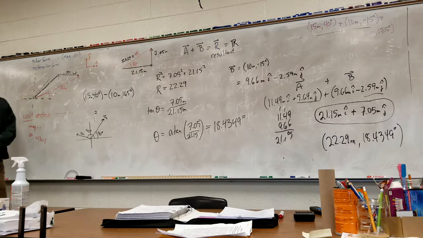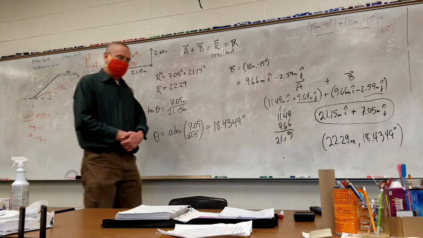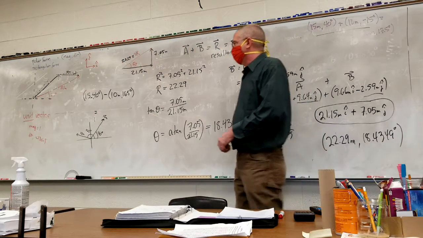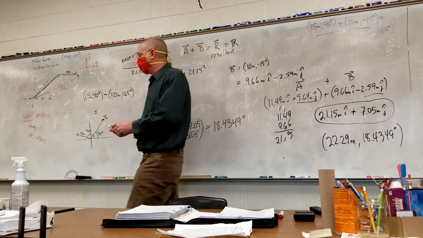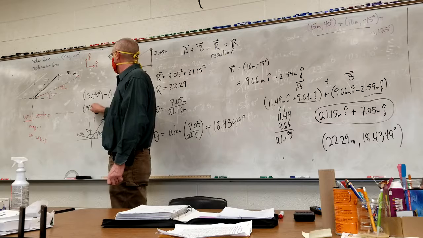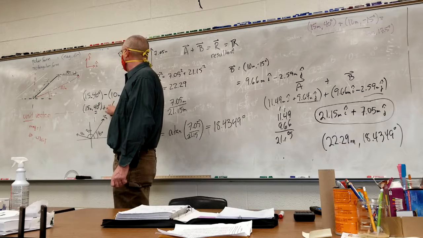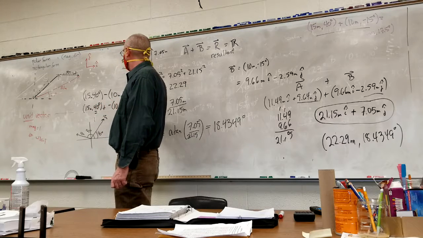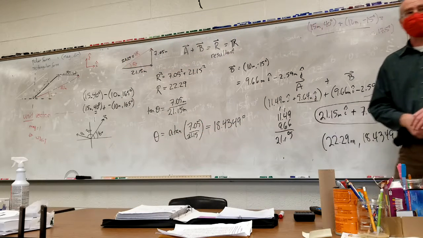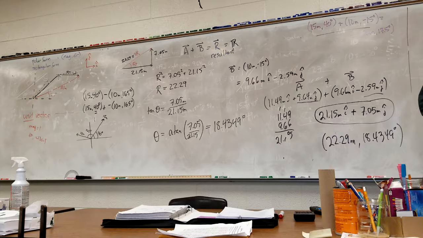What does a negative vector mean? I keep saying negative vector and it looks like subtraction. Let me just rewrite this: 15 meters, 40 degrees, plus negative 10 meters, 165 degrees. Okay, so now what does a negative vector mean? We dealt with this already.